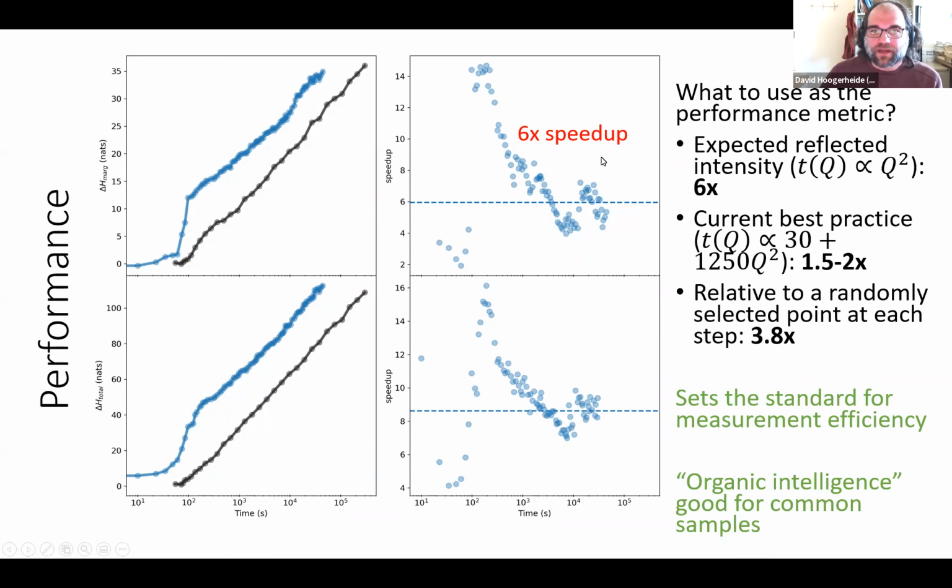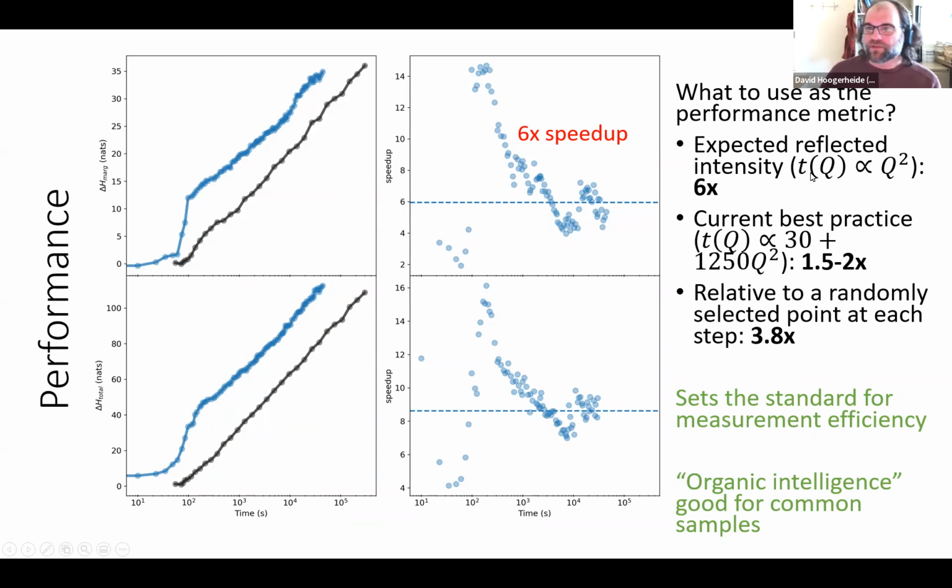You can calculate the speed up factor, the acceleration factor, how much better you do, which is basically the horizontal distance between the blue and the black curves. And you could do better by about a factor of 6 in your measurement speed. In other words, to get to the same level of information in the measurement, you get there a factor of 6 faster in time.